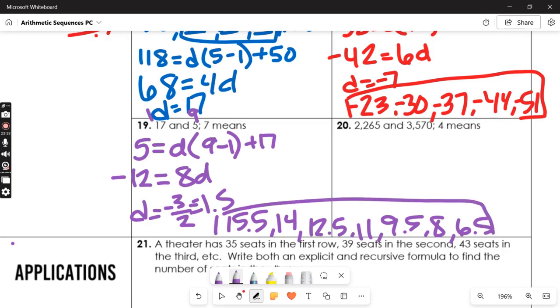That's all 7 of them. I have to erase this so I can do the next problem, so pause it if you need to.